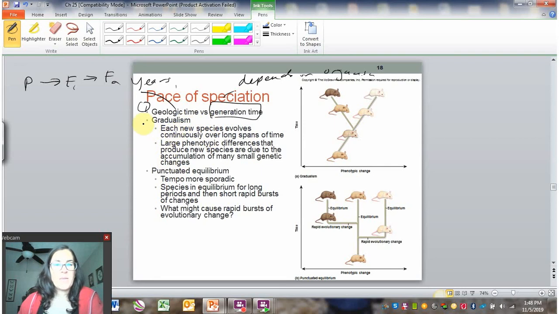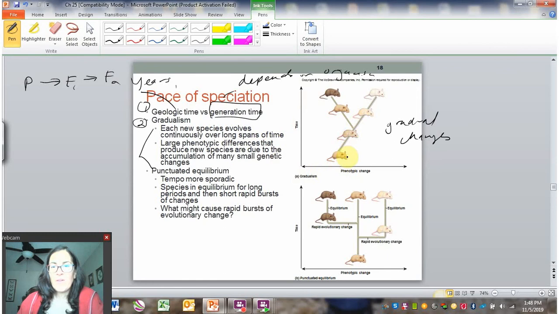The other point here is the difference between two ideas, gradualism and punctuated equilibrium. One idea for how speciation occurs is that you get gradual changes over time.